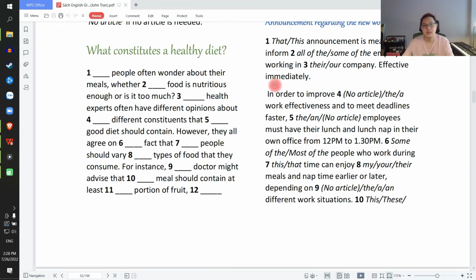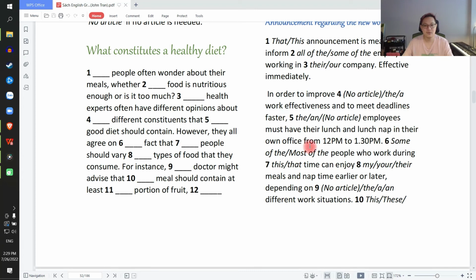Okay, let me read it. In order to improve work effectiveness and to meet deadlines faster, employees must have their lunch and lunch nap in their own office from 12 p.m. to 1:30 p.m. Để mà cải thiện cái hiệu quả công việc và để mà có thể bắt kịp những cái deadline, bắt kịp những cái hạn chót nhanh hơn.